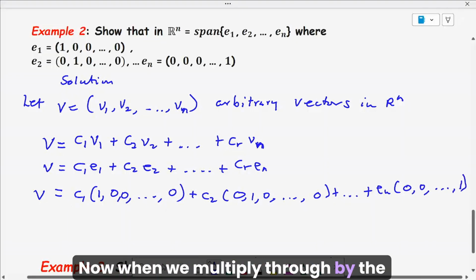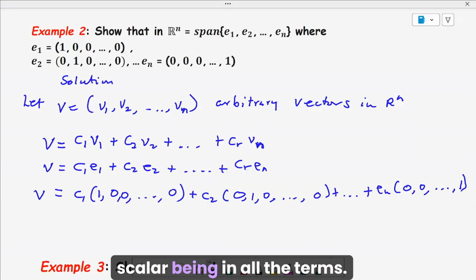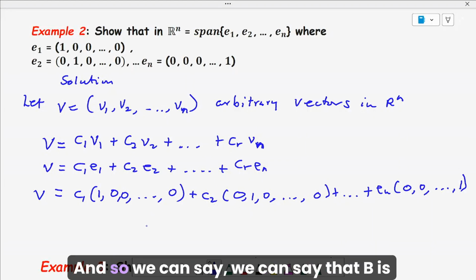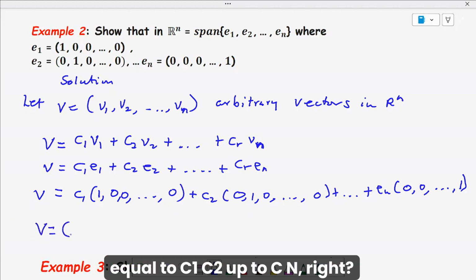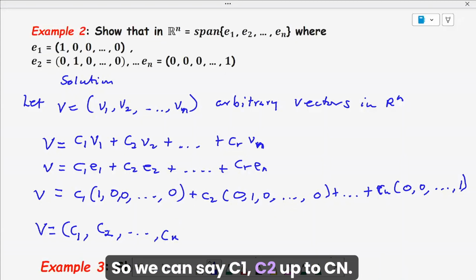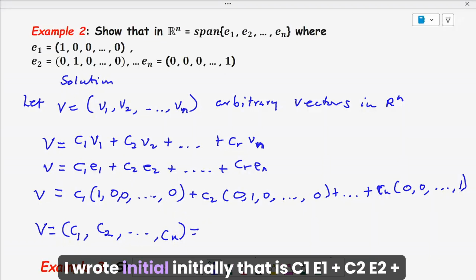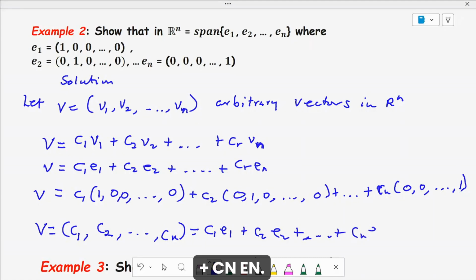Now when we multiply through by the scalar, the scalar appears in all the terms. So we can say that v is equal to the vector c1, c2 up to cn, and that will be the same as writing what I wrote initially, c1 e1 plus c2 e2 plus cn en.